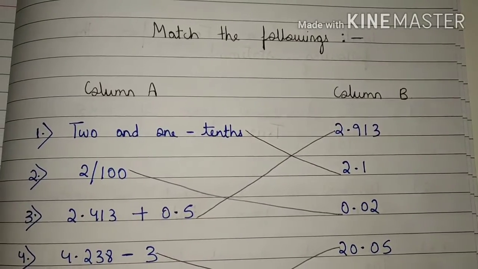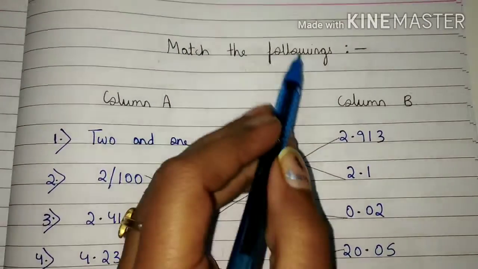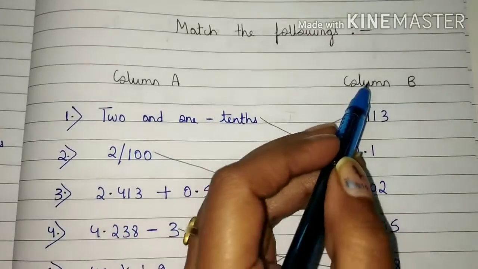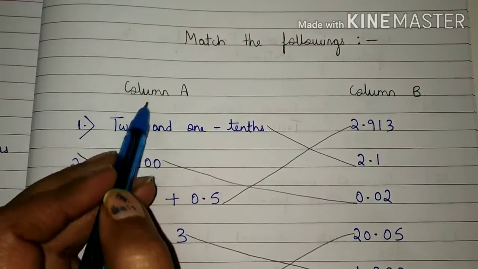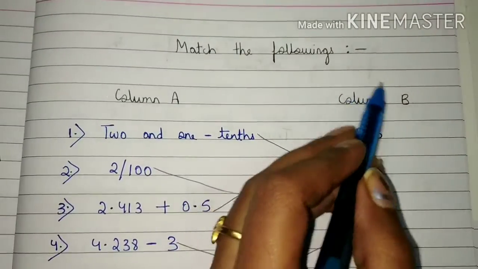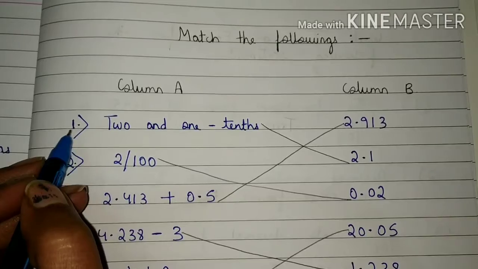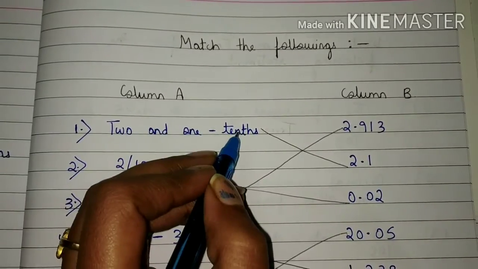Students, now come to next exercise, that is match the following. This is the column A and this is the column B, and we have to match the column A with the column B. Students, now come to question number 1. 2 and 1/10.